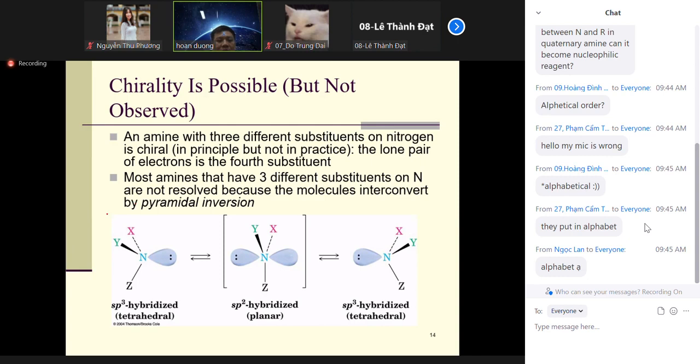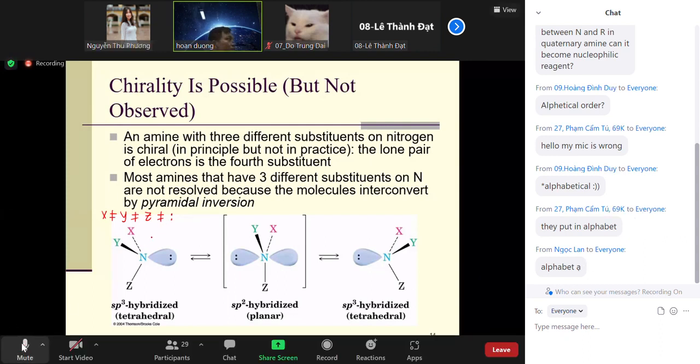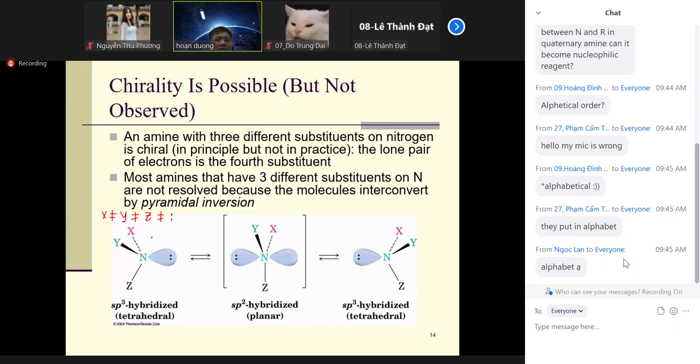So that means now you have an X different from Y and different from Z and different from the pair of electrons. All right? So nitrogen now becomes chiral. It's chiral.